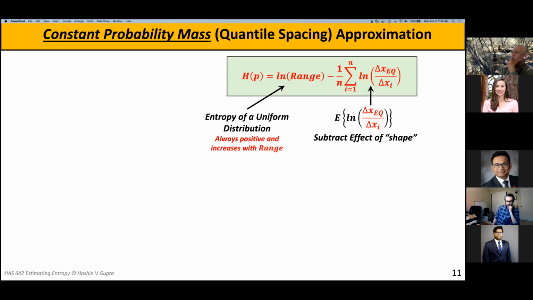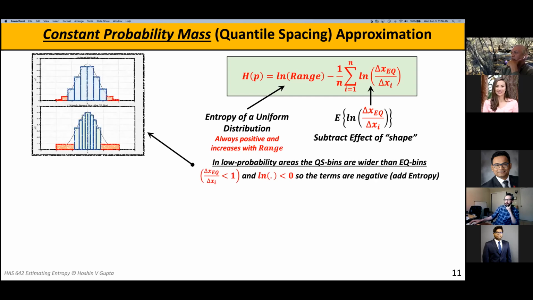And if you're using equal width binning, you can see over there that those terms all become 1, and this goes back to a uniform distribution. Right? So in log probability.